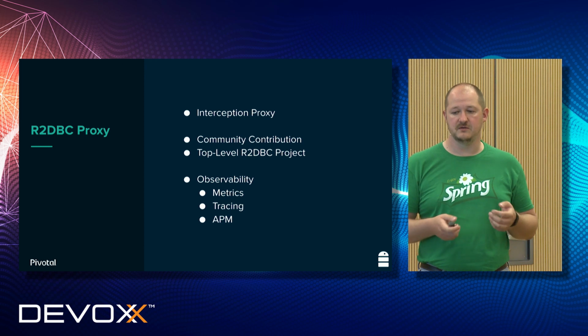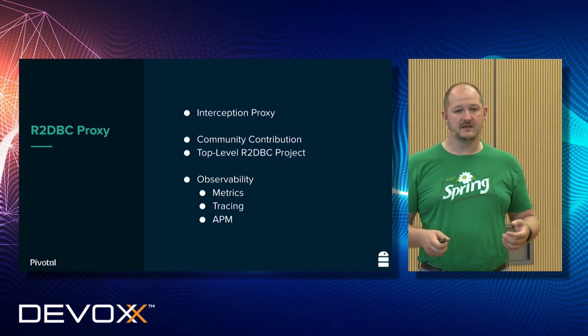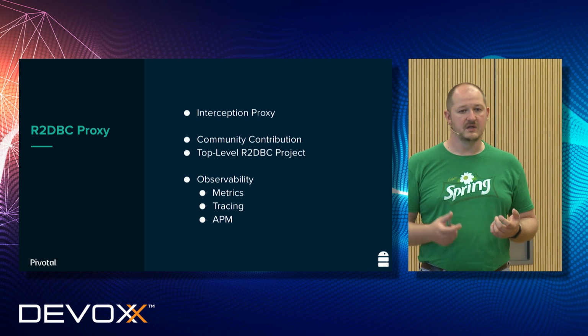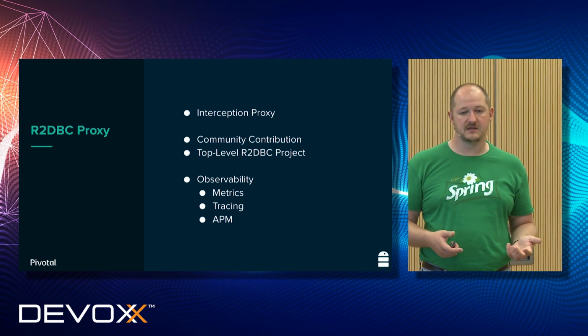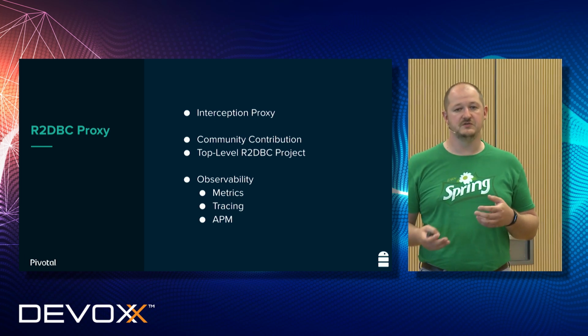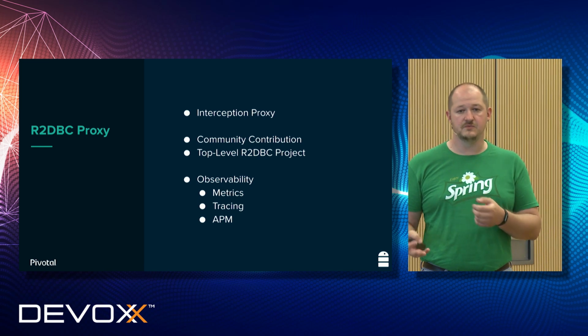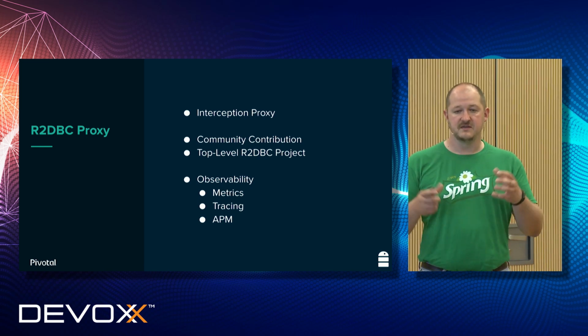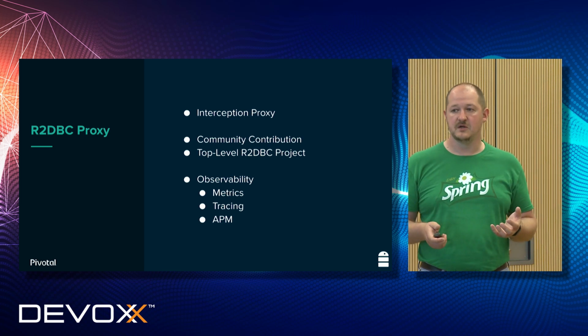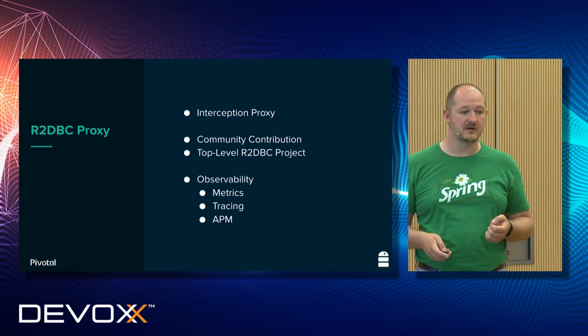And then you can take this information and put it into your Micrometer, into your Prometheus. If you are an APM vendor, you can build your APM solution on that. If you want to ship these metrics to Zipkin or some other open tracing thing, then you are free to do so, because this gives you the ultimate insight what happens in your system when you are using R2DBC.